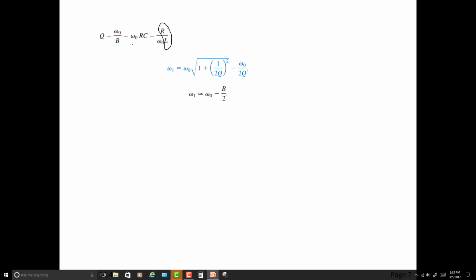This is the beta over 2. Okay, beta. Bandwidth over 2. Same thing is true on the other side. All right, the upper side you're going plus, so this is the upper frequency, and this is the lower frequency. All right? Okay.